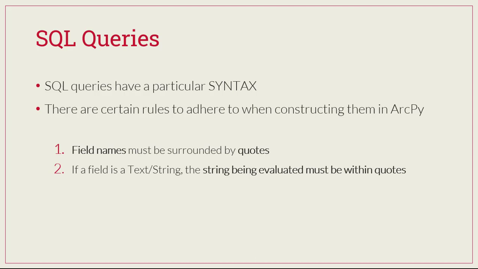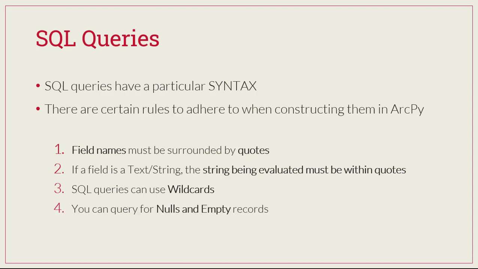If the field is a text or string field, like our park name was when we had the Alamo in the screenshot before, the string that's within that, so Alamo, must also be within quotes. Our SQL queries can actually use wildcards, and these are places where you can put in a placeholder where anything could be in a part of the attribute query, and we'll play with those and you'll get to see what that means.